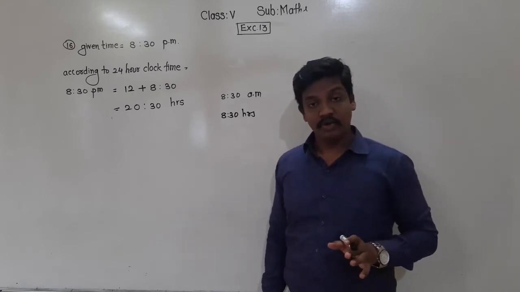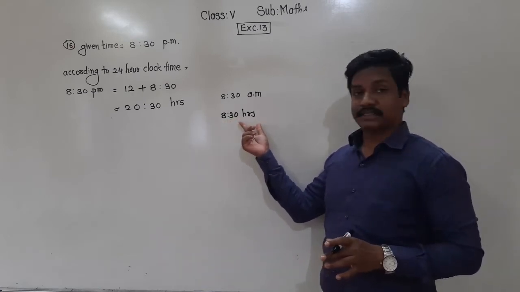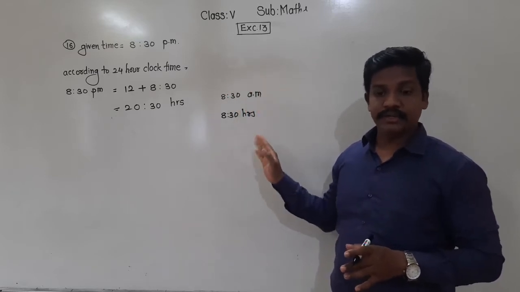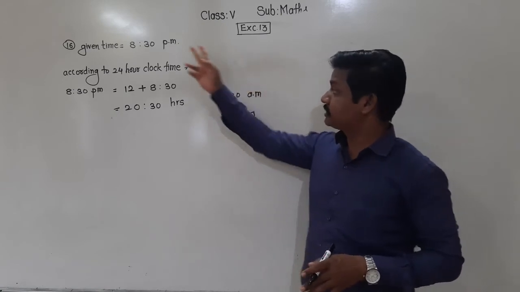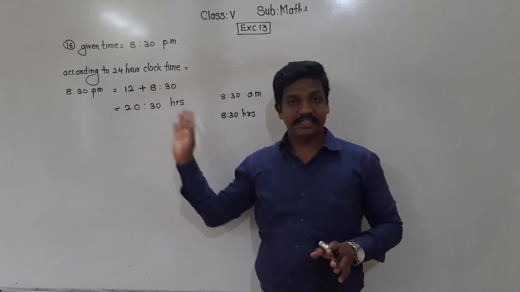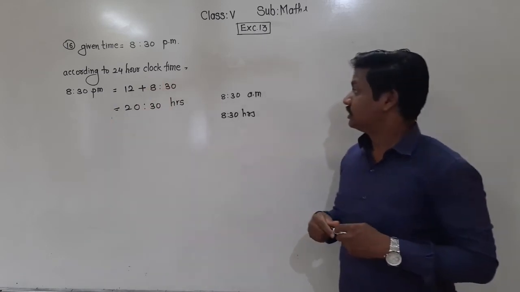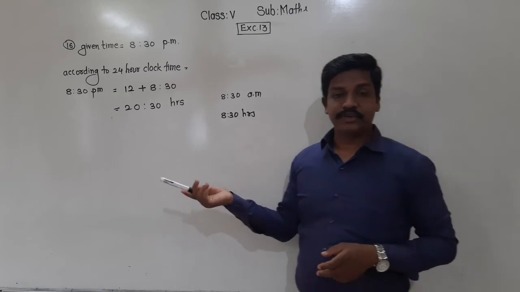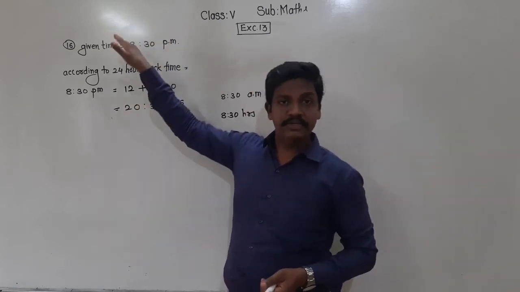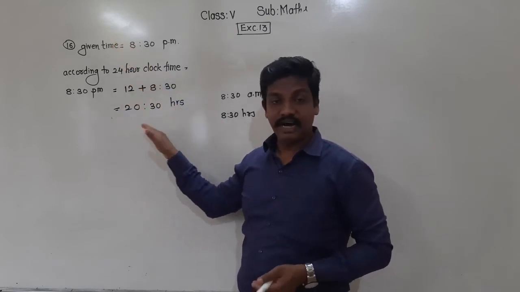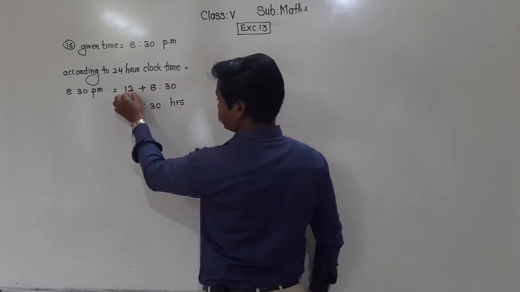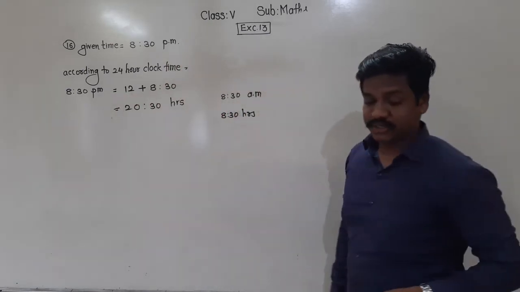But if it is PM, then it is 20:30 hours, that is 20 hours 30 minutes at night. In this way we can convert 12-hour clock time into 24-hour clock, and we can convert 24-hour time back into 12 hours by subtracting 12 hours. From 20 hours, if we subtract 12 hours, 8:30 remains.